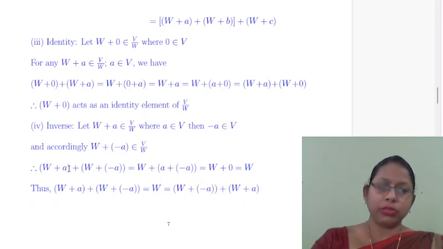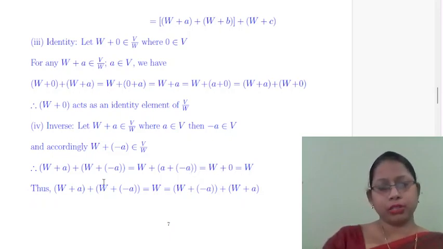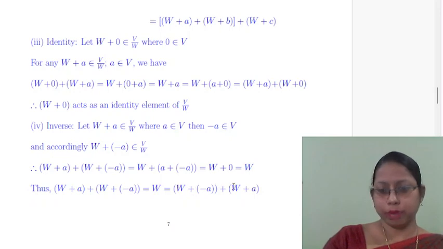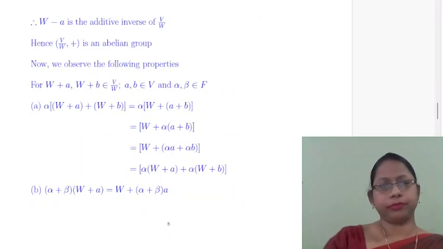Therefore, (W + A) + (W + (-A)) is equal to W + (A + (-A)), that is equal to W + 0, that is my W. Now, by using commutativity of V/W, I can write this one. Therefore, W + (-A) acts as an additive inverse of W + A. Hence, V/W under plus is an additive abelian group.